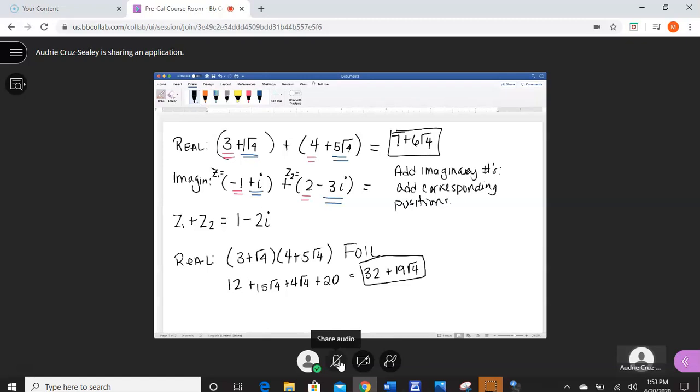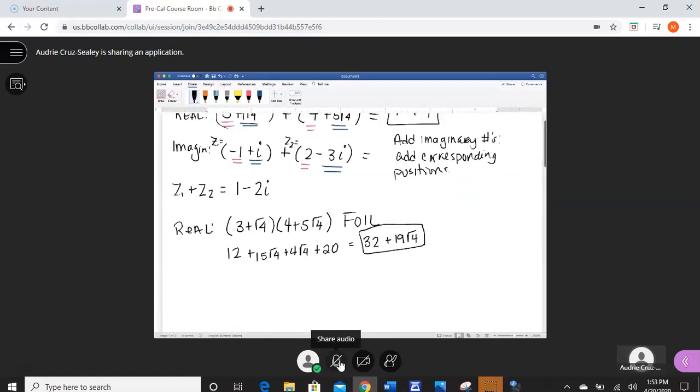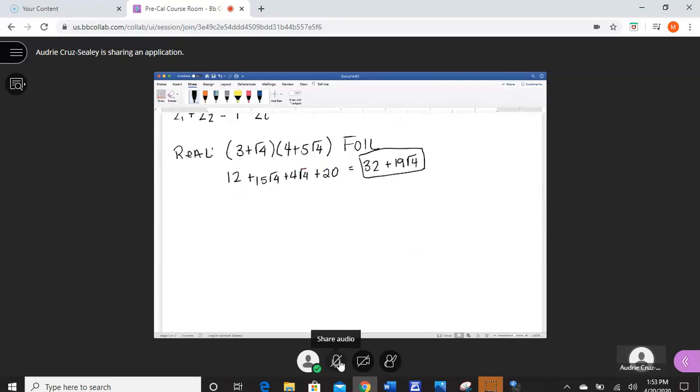Is that okay? So that's real, but today we're practicing doing the same thing, except with imaginary numbers. So if you look at the problem, it wants me to do z1 times z2. So we're going to do -1 plus i times 2 minus 3i.